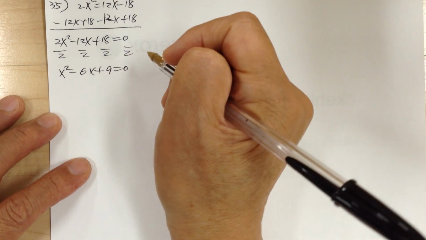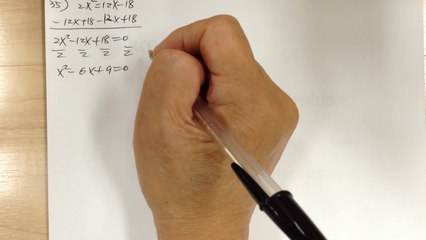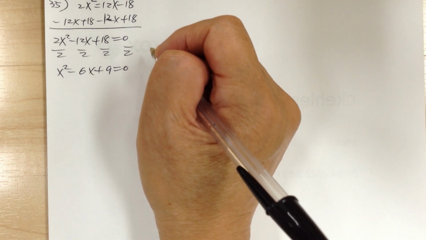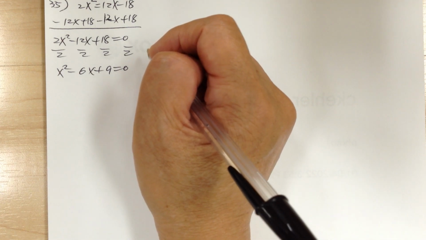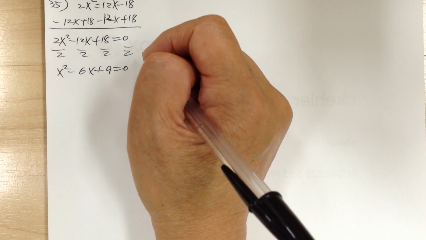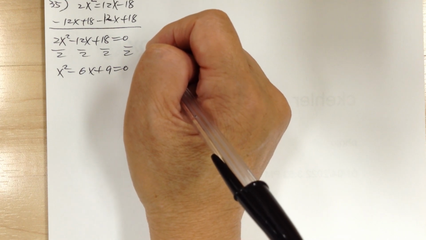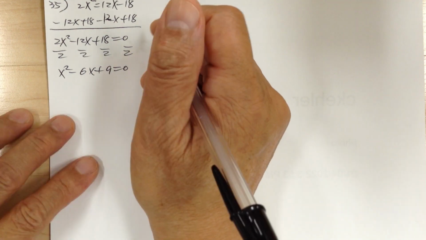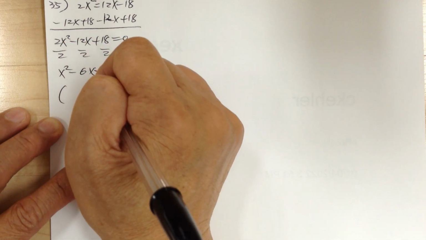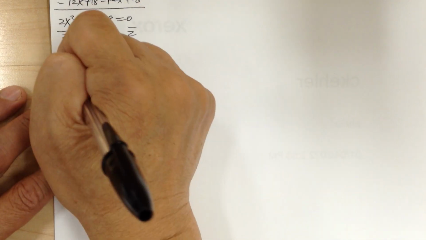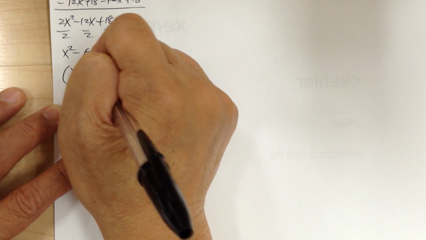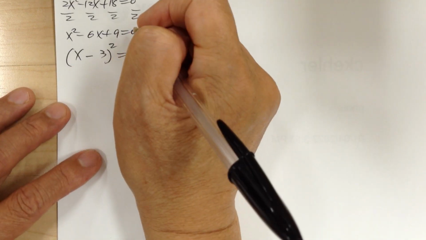After that, I am going to do factoring. When you're doing the factoring, you're going to get x minus 3 equal to 0.